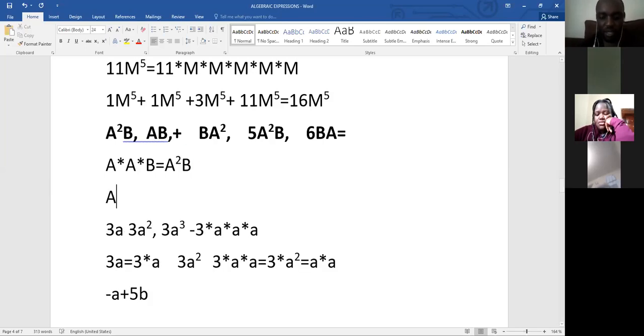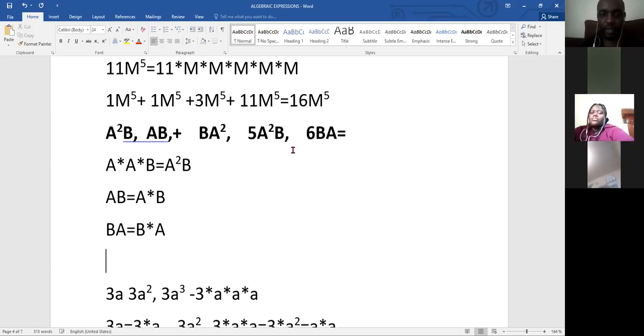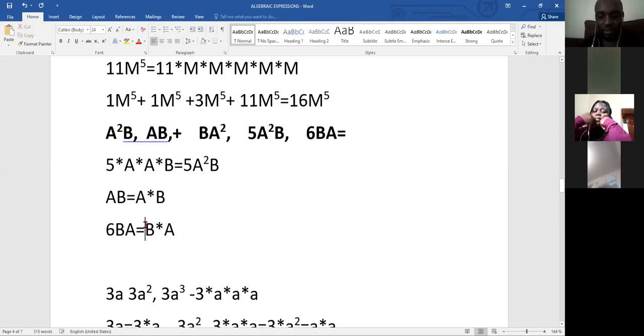AB means A multiplied by B. BA means B multiplied by A. 5A squared B means 5 multiplied by A multiplied by A multiplied by B. So they give us 5A squared B. Now 6BA is 6 multiplied by B multiplied by A.